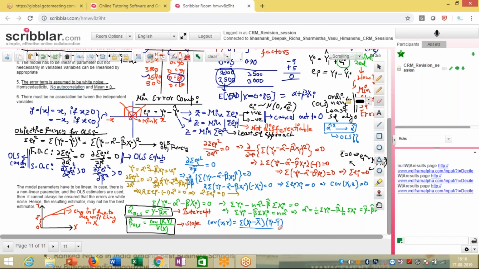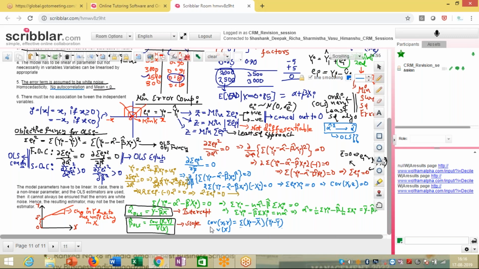So how high is the variation in y with respect to a variation in x? The overall variation in x is given by the variance of x. So variance of x is the overall average variation in x.